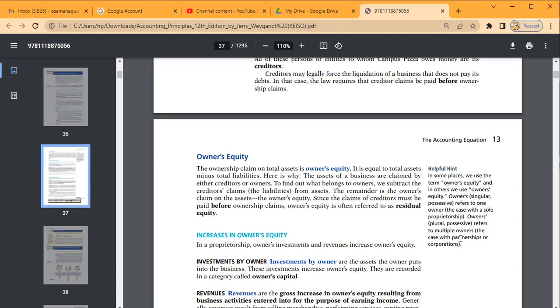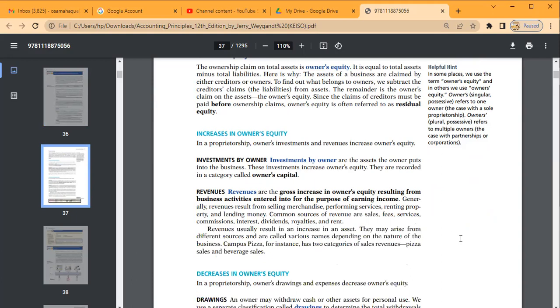Yes. So, what are the factors which could increase owner's equity, which could increase capital? Number one, we have investment done by the owner. If the owner invests his personal assets or cash into the business, that will increase owner's equity. Then we have revenue.